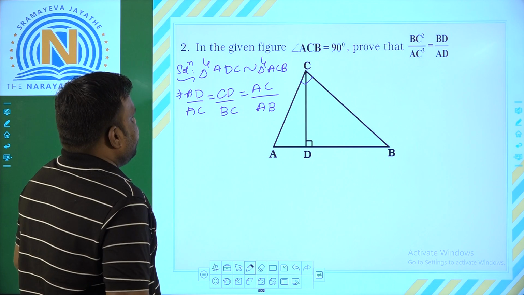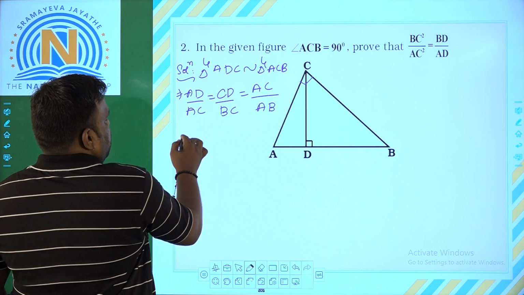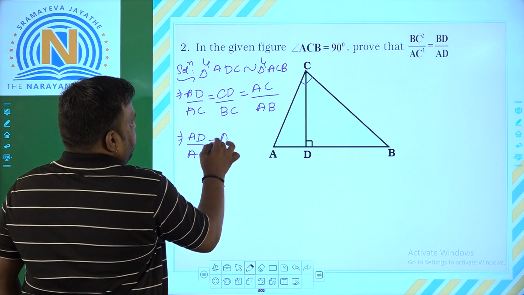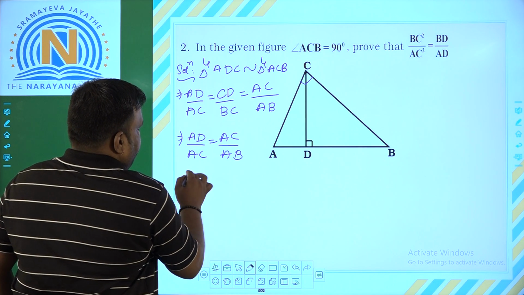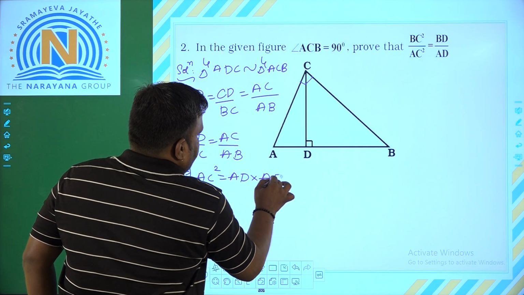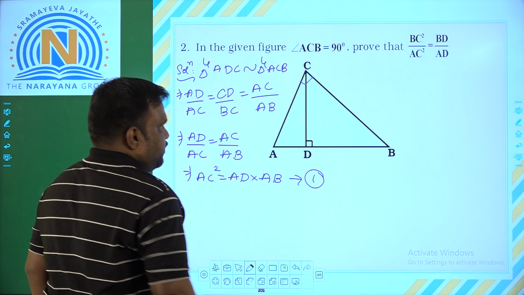Okay, so here in this case, when you just go with the first and last terms, that is AD by AC is equal to AC by AB. So from here, AC square is equal to AD into AB. Name this as first equation.